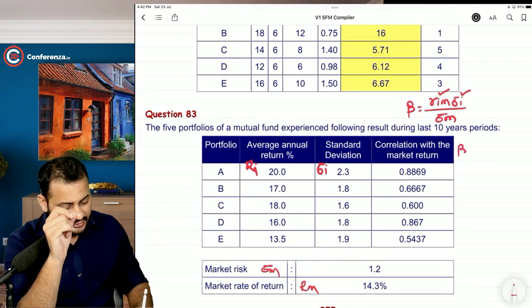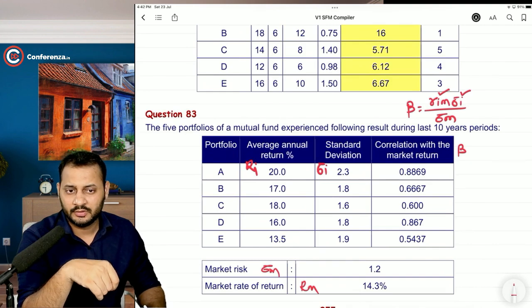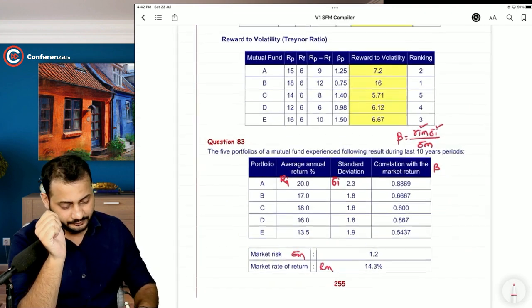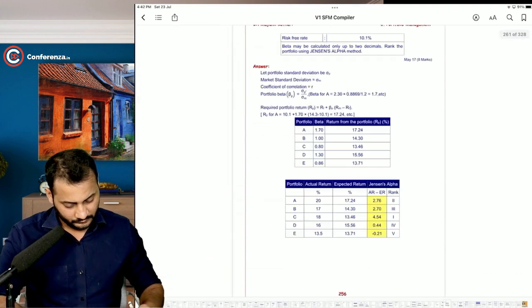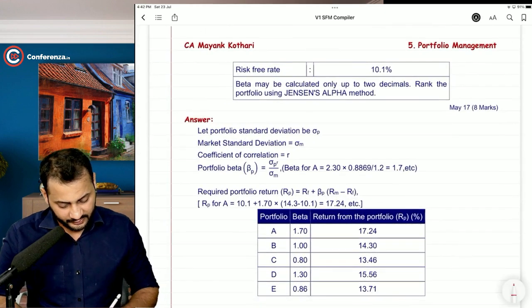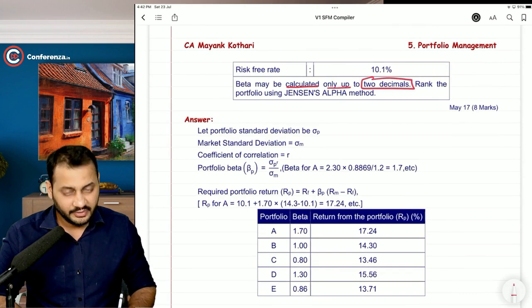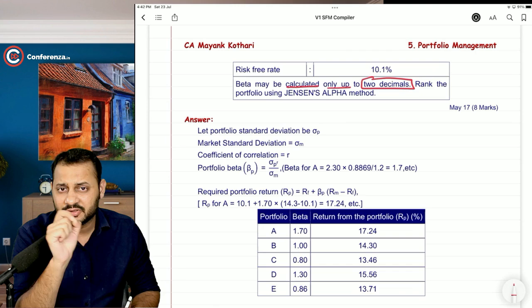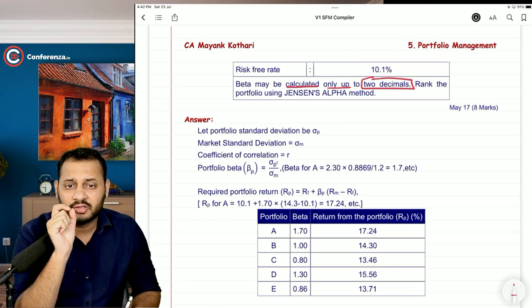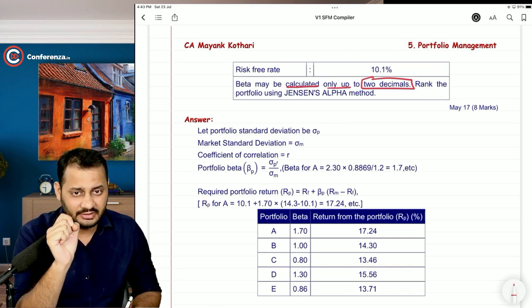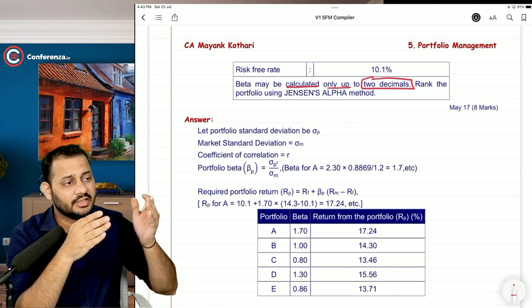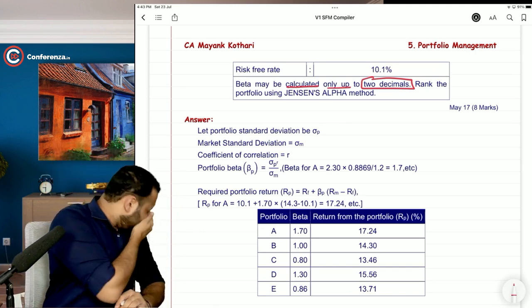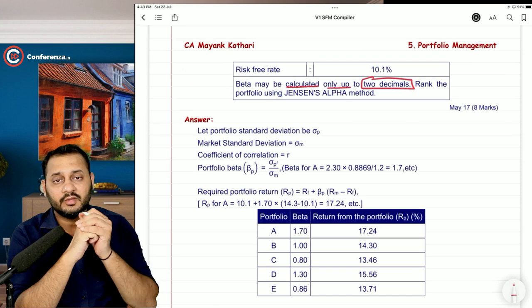So first calculate the beta with that. Risk-free rate of return is given. Beta may be calculated only up to 2 decimals. Please understand, this is very important. Lots of students make this mistake: they ignore such sentences and end up writing the betas in 3, 4, 5 decimals.